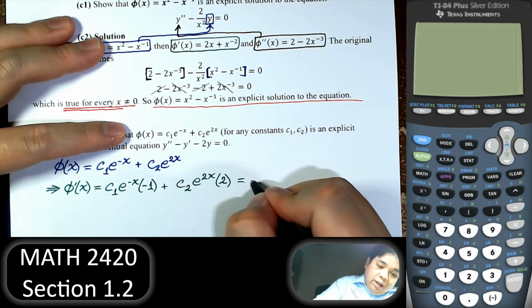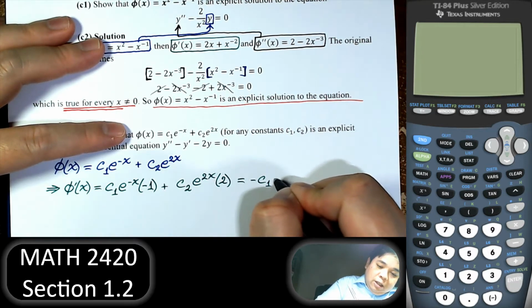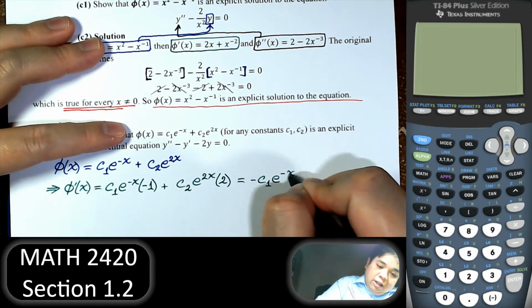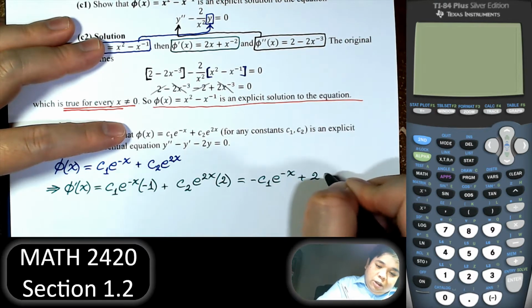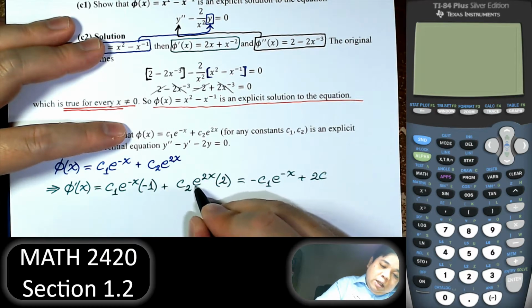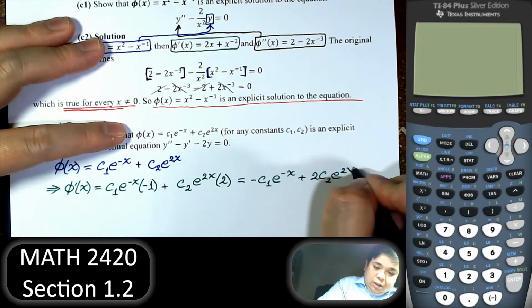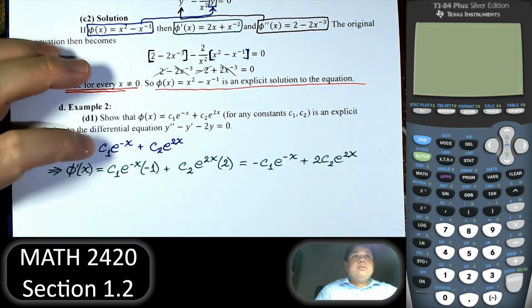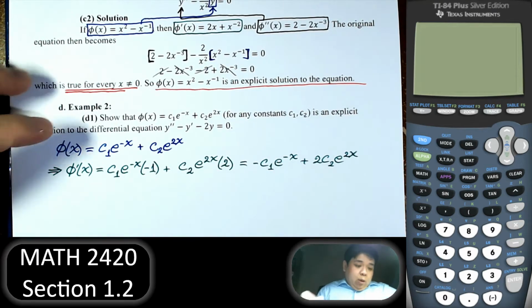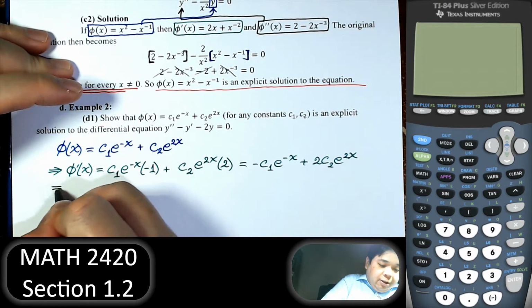So we have negative c1 e to the negative x, and 2 c2 e to the 2x. Right. Now we'll take the second derivative.